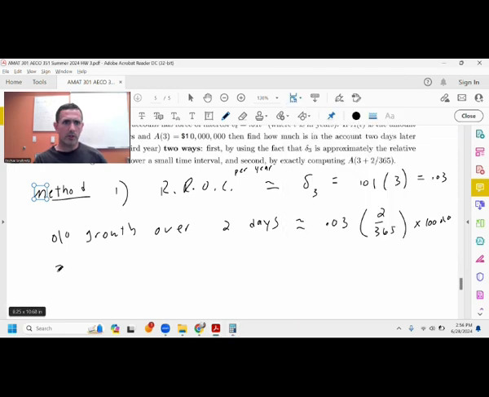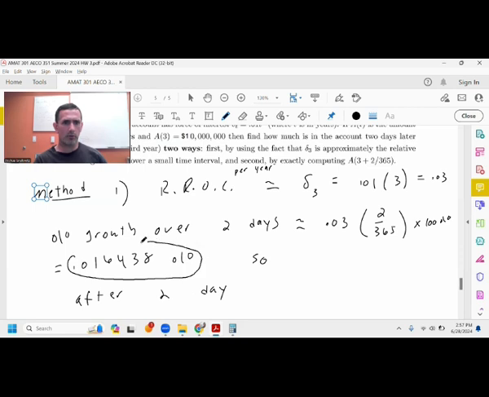So 0.016438%. So we're growing by 0.016438% over 2 days. So tiny bit of growth, but it is 2 days.